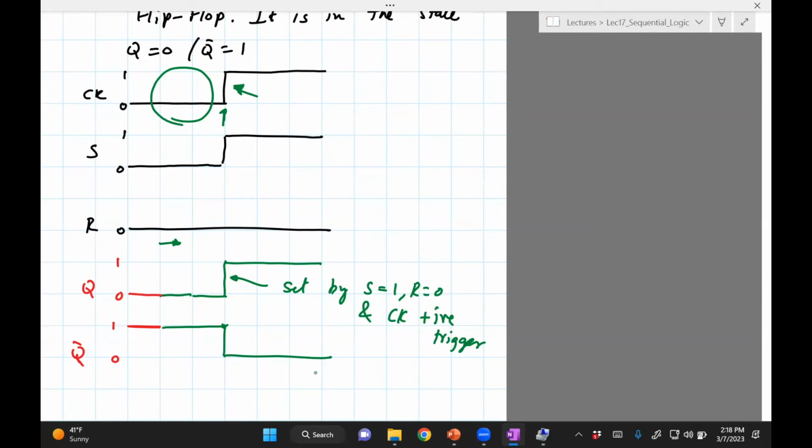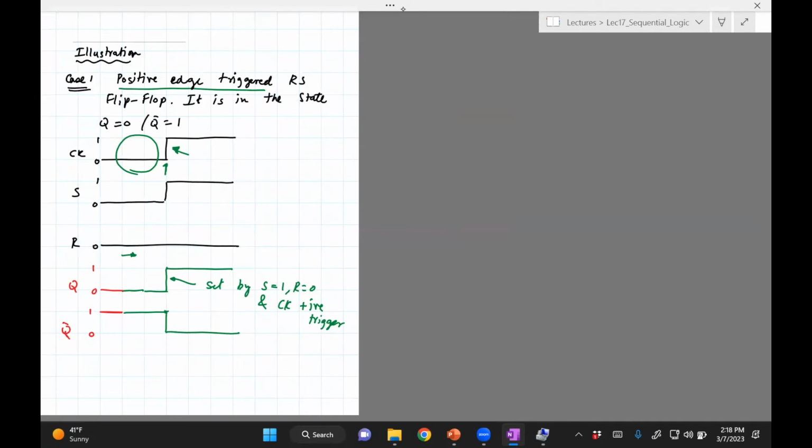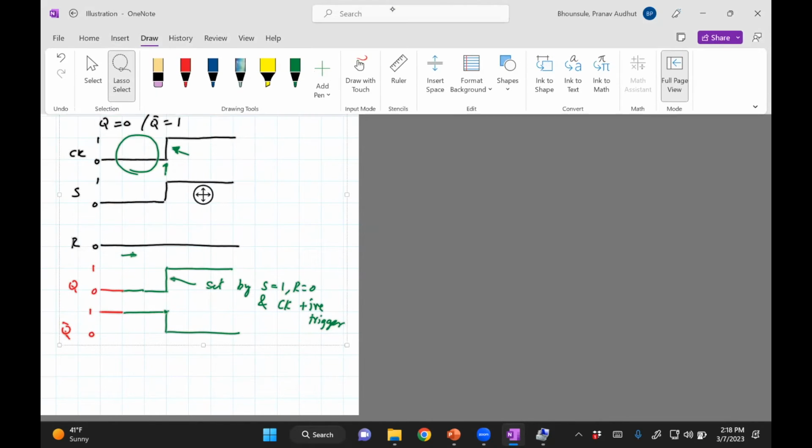Now let's just invert this. We have the same case, but I'm going to look at a negative edge triggered flip-flop. Let's copy this.